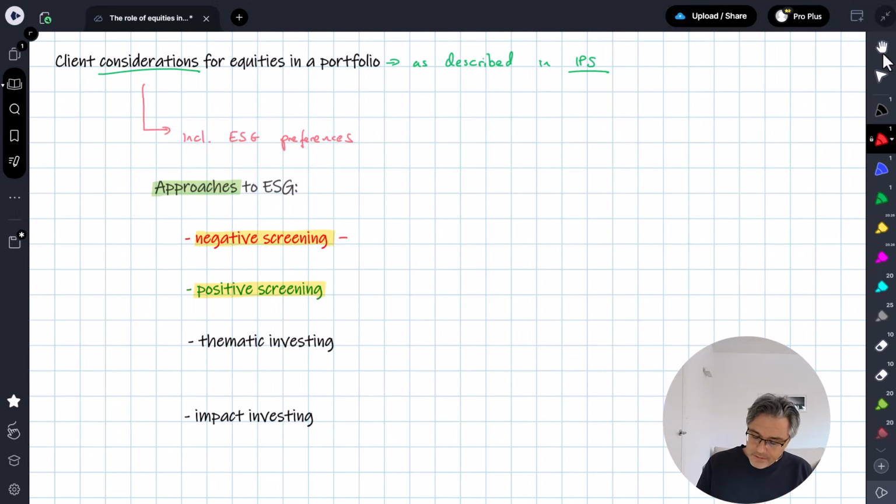Negative screening is all about excluding certain companies or indeed entire sectors from a client's portfolio, because those companies or sectors do not fit with the client's view of how they want their portfolio to be invested in terms of ESG.